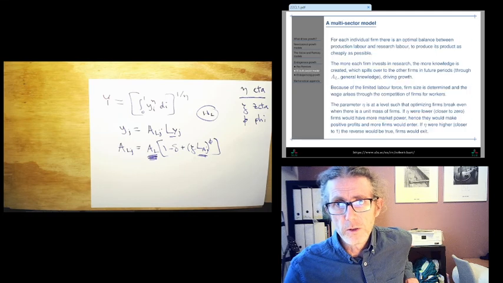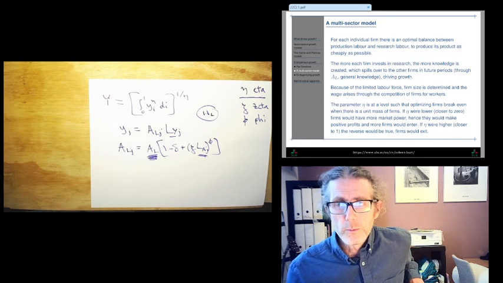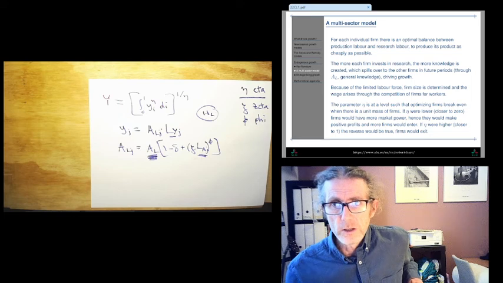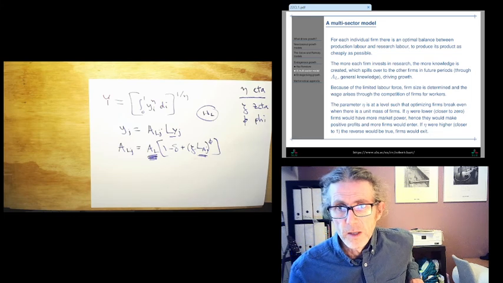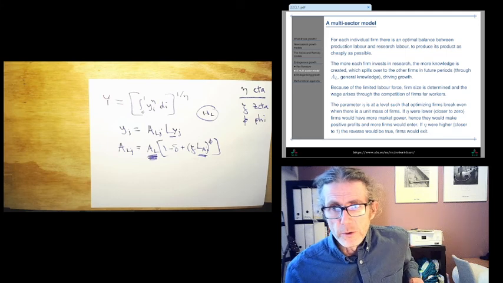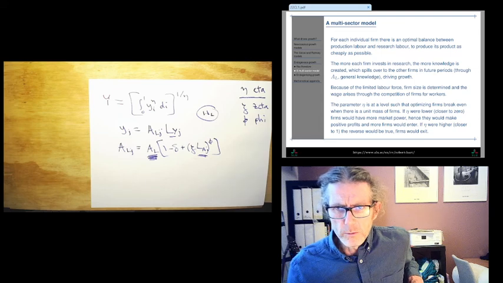No, there's two more. Yeah, there's a couple more slides. For each individual firm, there's an optimal balance between production labor and research labor to produce its product as cheaply as possible. Because of the limited labor force, firm size is determined and the wage arises through the competition of workers for firms. Okay, and let's go back.